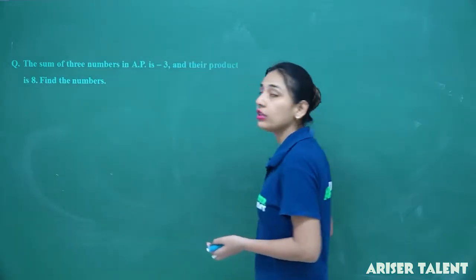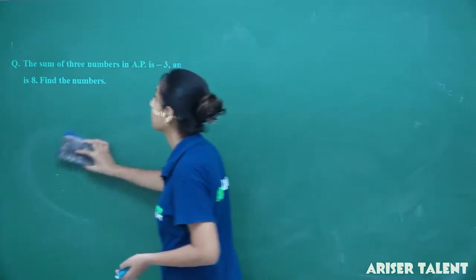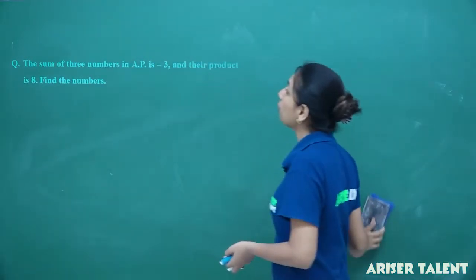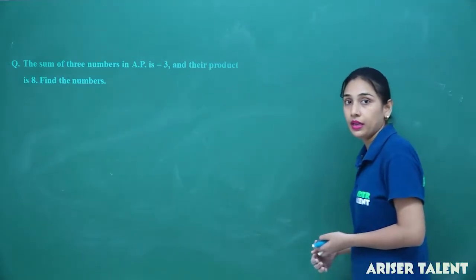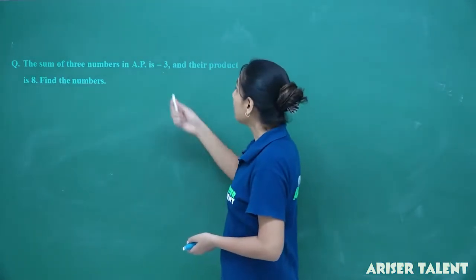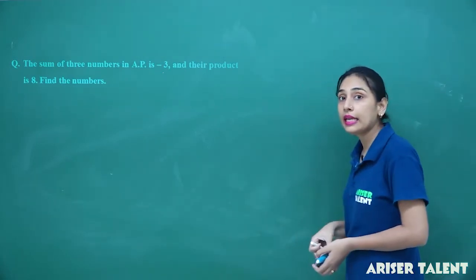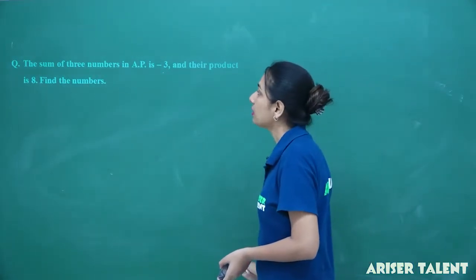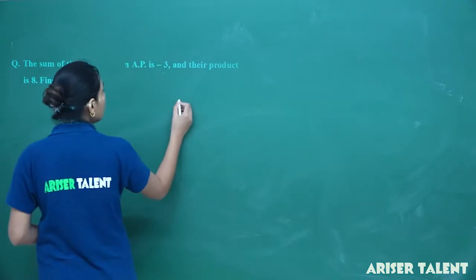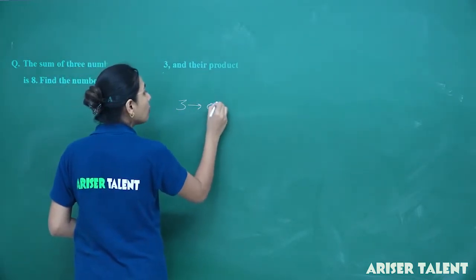Now we have to use all these properties, right? So the first question: the sum of 3 numbers in AP is -3 and their product is 8. Find the numbers. Now we are given 3 numbers. Now 3 is what, even or odd? It's odd.